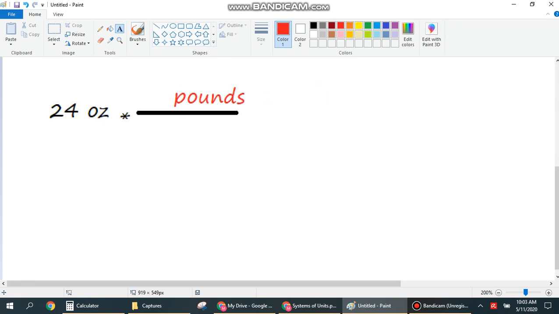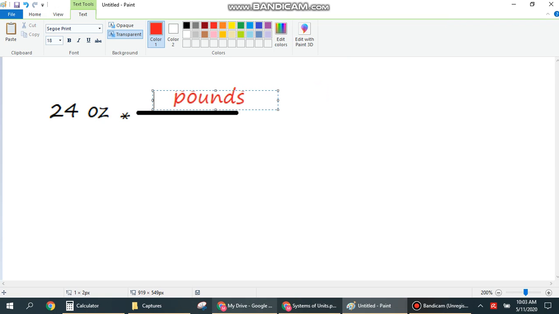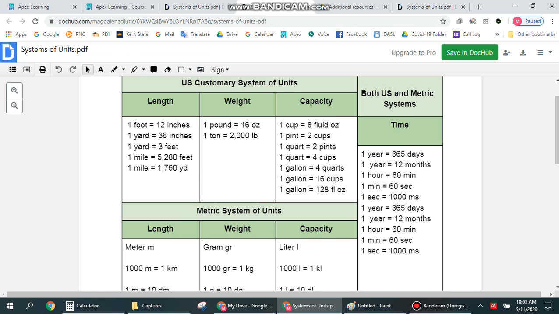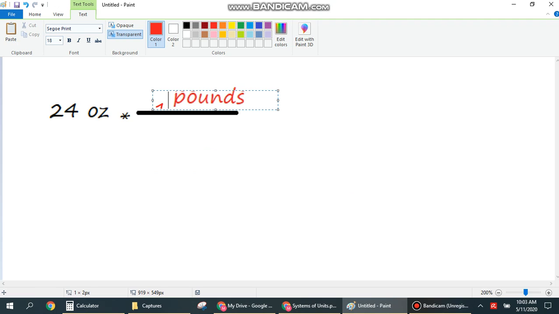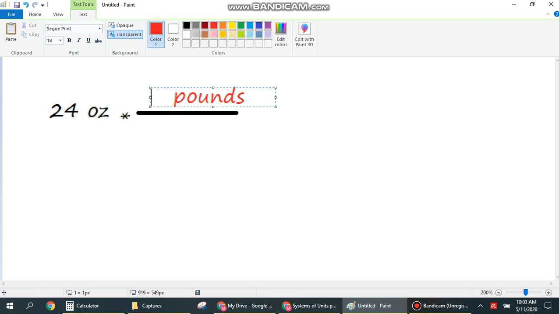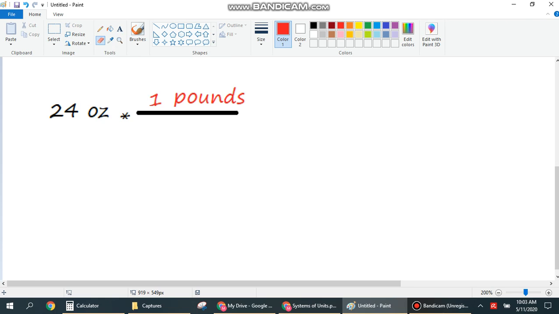Okay, so the connection between pounds and ounces, I can look up from a system of units. I can see here that 1 pound is the same as 16 ounces. So 1 pound, I'm going to put here. Actually, I don't need a plural here; it doesn't really matter. 1 pound is the same as 16 ounces.